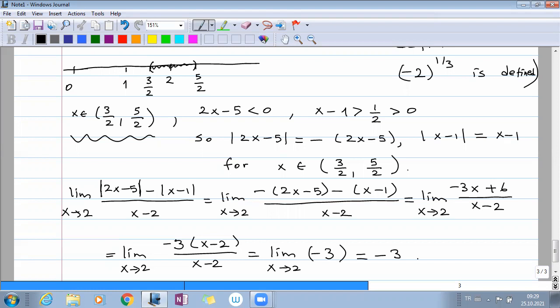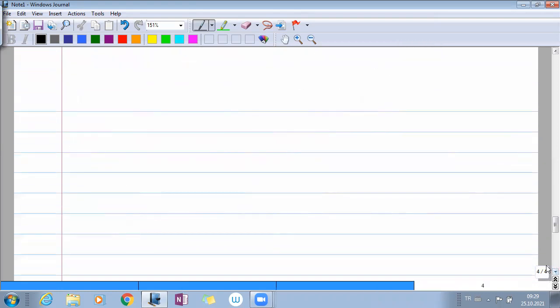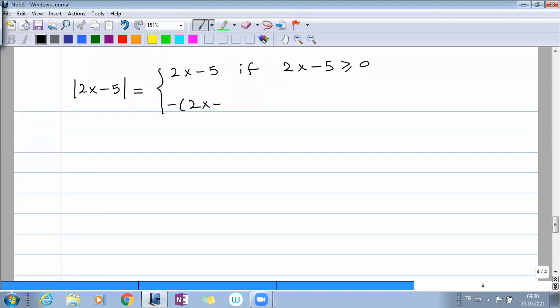Maybe I should give more detail here. I have the absolute value of 2x minus 5. It is 2x minus 5 if 2x minus 5 is greater than or equal to 0, and it is minus 2x plus 5 if 2x minus 5 is less than 0. This is the definition of the absolute value.